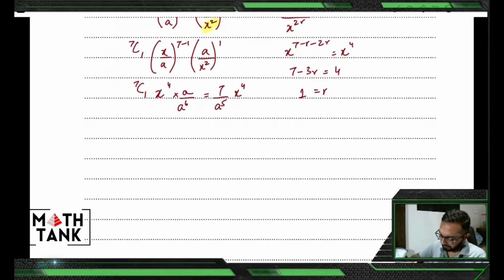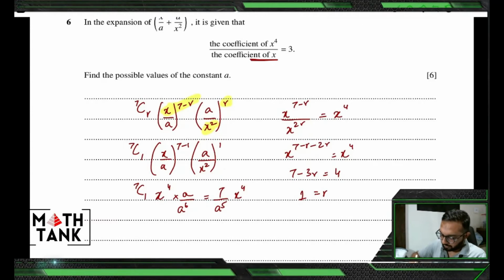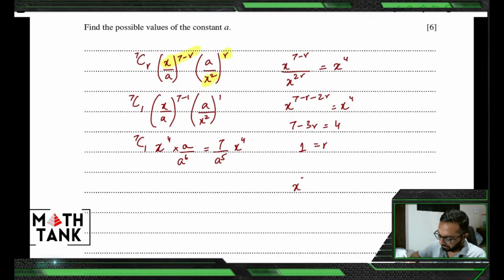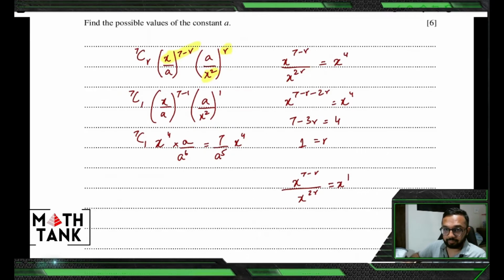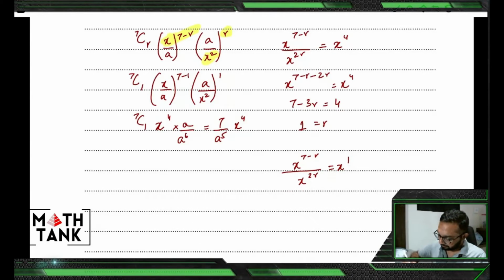That's the first x power 4 term. Then I'm also looking for the coefficient of x. So I'm going to do the same process, this time with x power 1. So I'm getting r as 2.